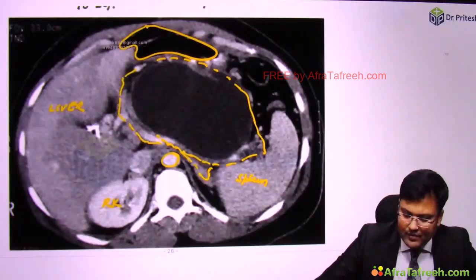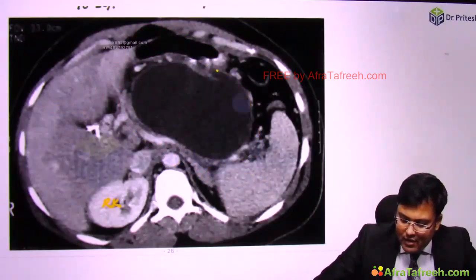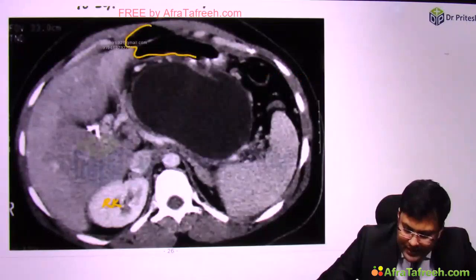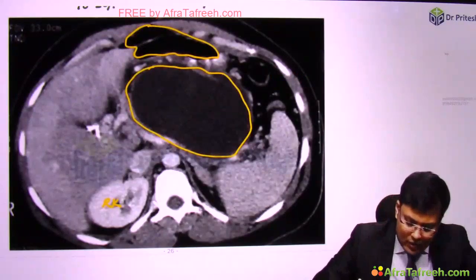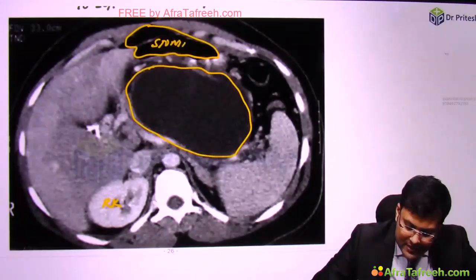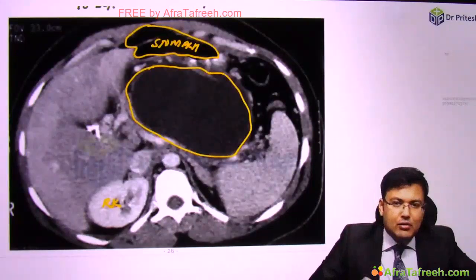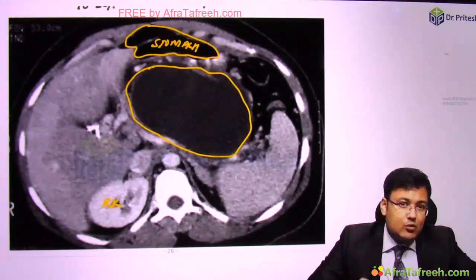And in the pancreas, what's the problem? There is the cyst. Now if you see the relation of the cyst with the stomach, just focus. This is the stomach and this is the cyst. In the majority of patients, the cyst is very small, and if the cyst is very small, there is no symptom at all. So most patients are asymptomatic. But if the cyst is large, what is the most common symptom?